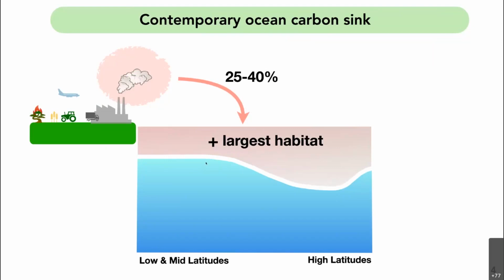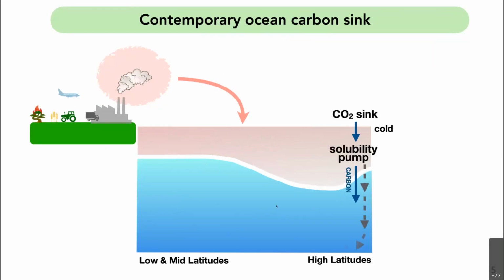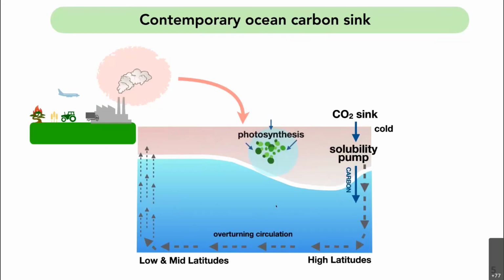But the evolution of the ocean carbon sinks in the future and the ability of the ocean to maintain its status as a habitat is dependent on processes that occur within the ocean, which is why we use Earth system models that have an ocean carbon chemistry model inside. Within the ocean, carbon is sequestered by both physical mechanisms as well as biological mechanisms.